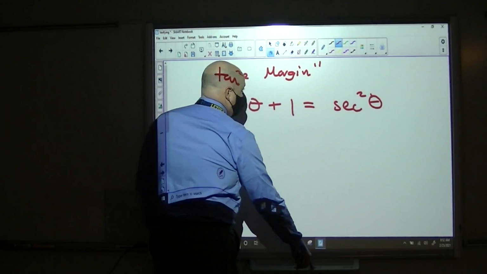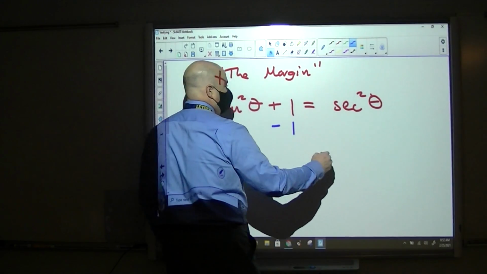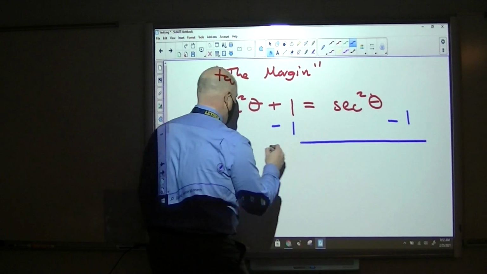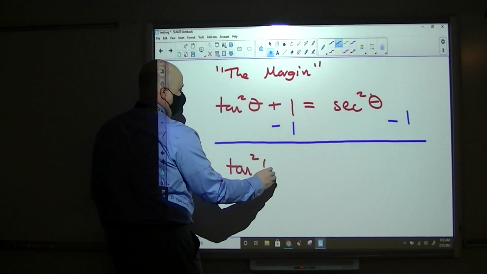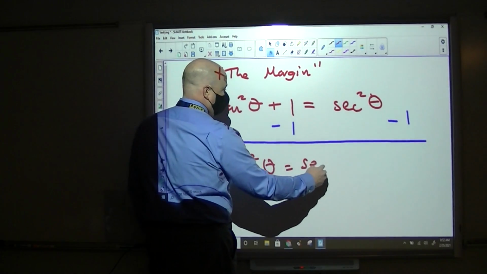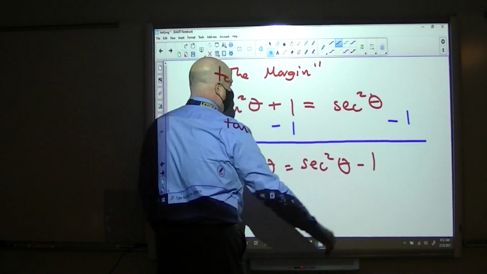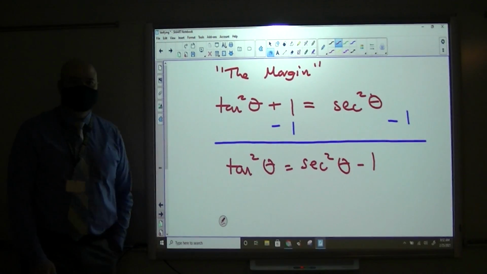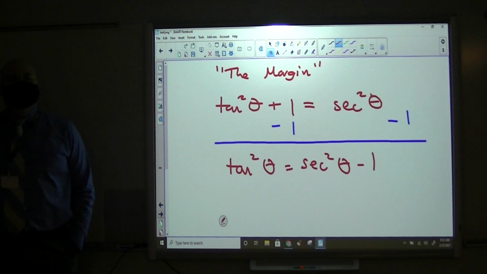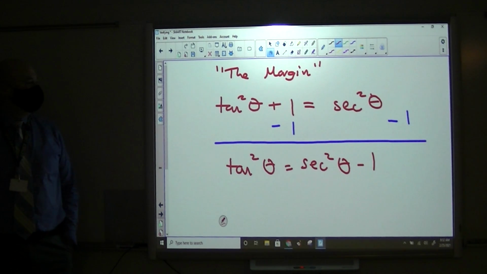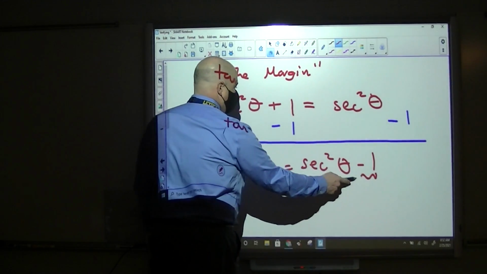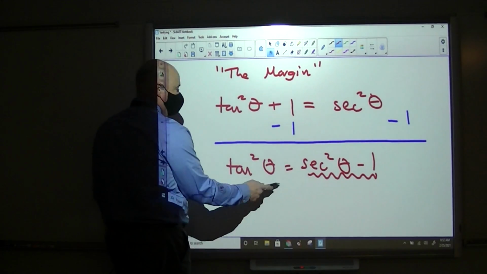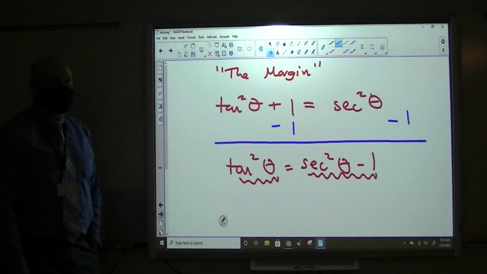I want it to be secant squared -1, so I'm going to subtract the 1 over to the other side. Now it says tangent squared theta equals secant squared theta -1. There it is. So secant squared theta -1 can be replaced with tangent squared.